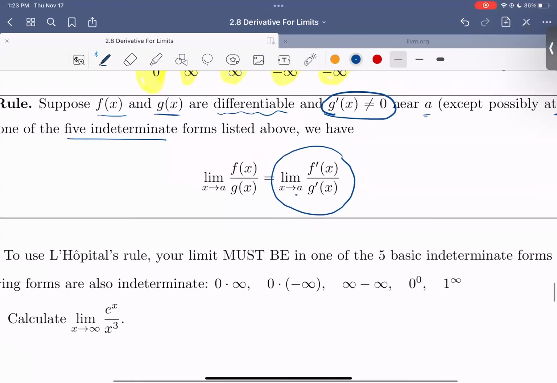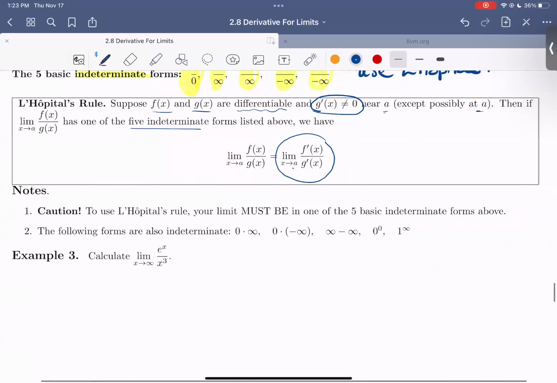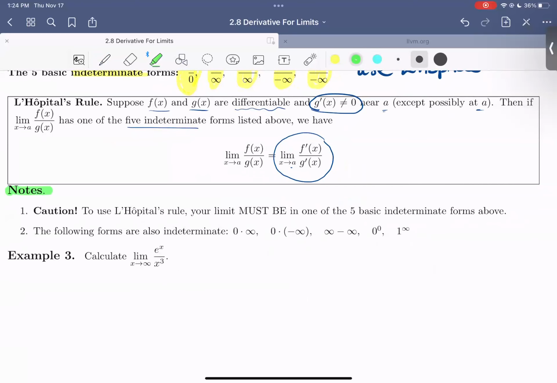A couple of notes of caution here. 1, to use L'Hopital's rule, your limit must be in one of the 5 basic indeterminate forms above. It's really tempting, when you see a bunch of limits of quotients, to just use L'Hopital's rule everywhere.